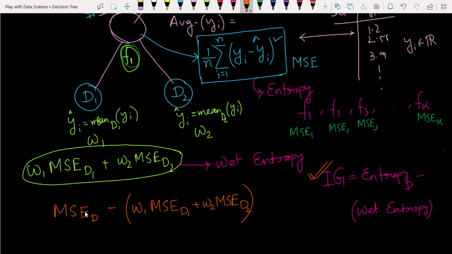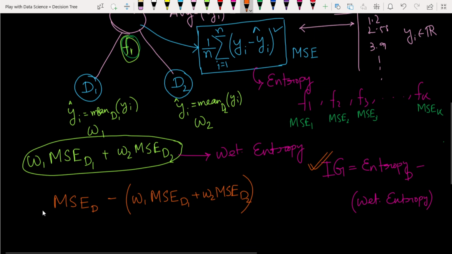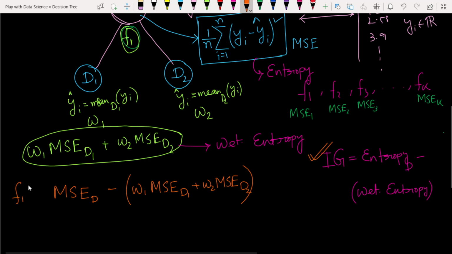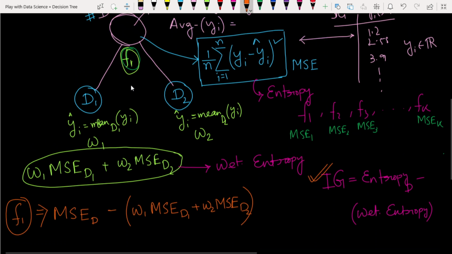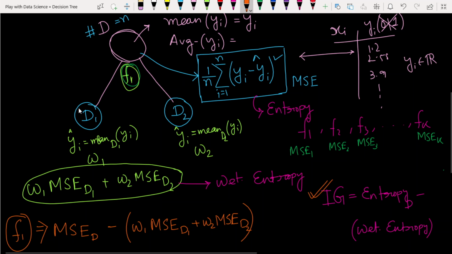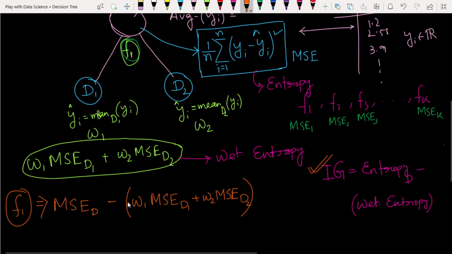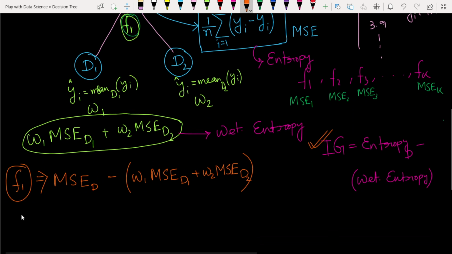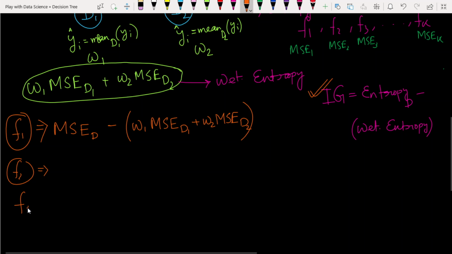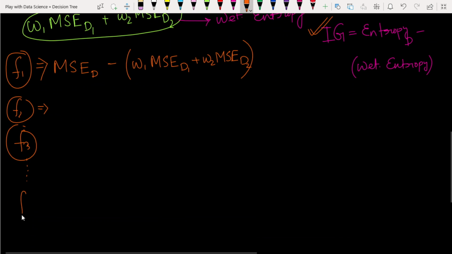First we use feature 1, split the data, and then calculate this value for feature 1. Similarly we calculate it for feature 2, feature 3, repeating this, and finally for feature k.